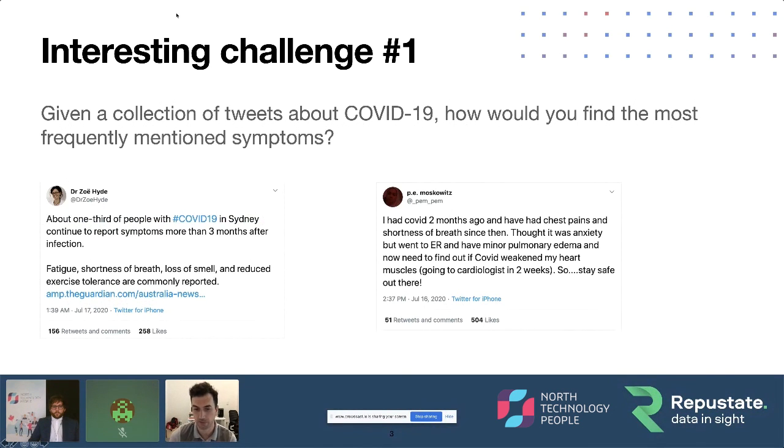Or maybe you're trying to predict the next epidemic or pandemic, and you're monitoring social media, and you're trying to keep track of which symptoms people complain about and see if those can act as a predictive metric for when the next outbreak would happen.